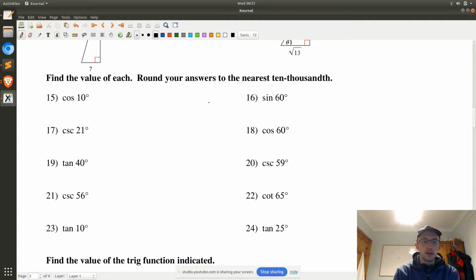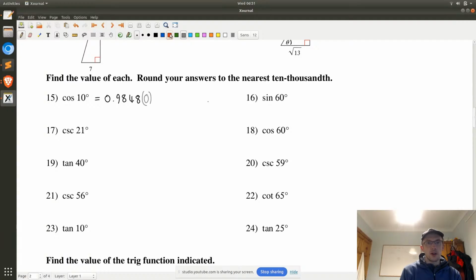I press 1 to enter degree mode, and then I press equals again. So cosine of 10 reads 0.9848. The digit immediately to the right of this 8 was a 0. This is called the decider digit.